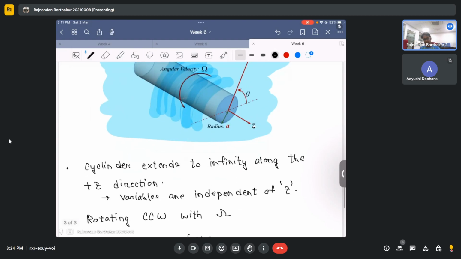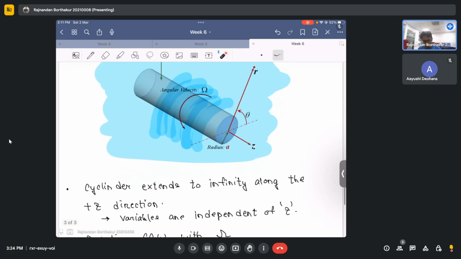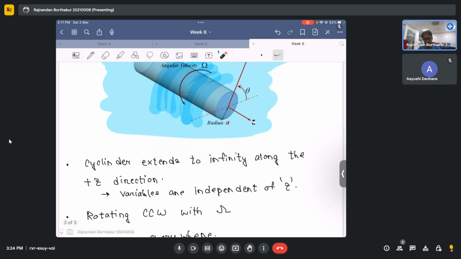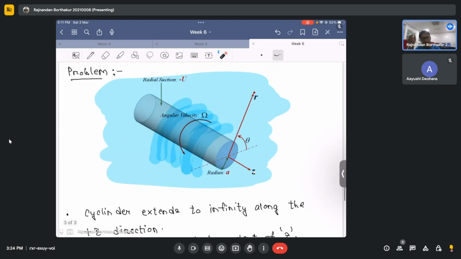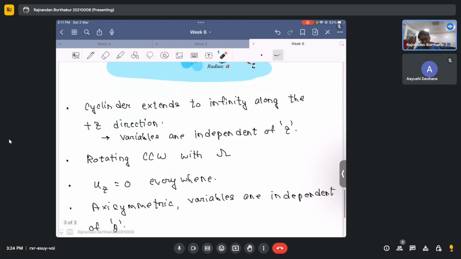As I said, the cylinder extends to infinity. So I will also lay down certain assumptions so as to make the algebra analytically tractable. The cylinder extends to infinity along the z direction, which means that we have a fully developed flow in this z direction, as we have seen multiple times. This means that all the variables are independent of z. Of course, the cylinder rotates in the counterclockwise direction with omega.